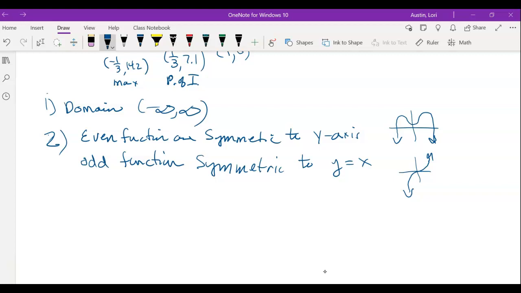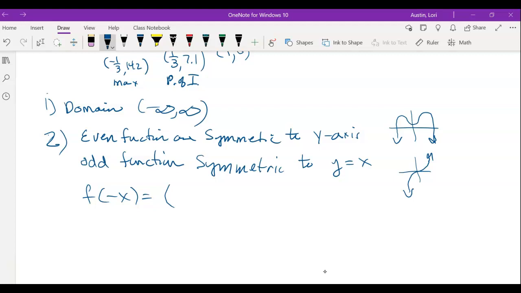How do you tell if it's even or odd? Find f of negative x. Remember this from pre-calc? That's why we review it real quick. Find f of negative x. So go back to your original function. This is quick to do.